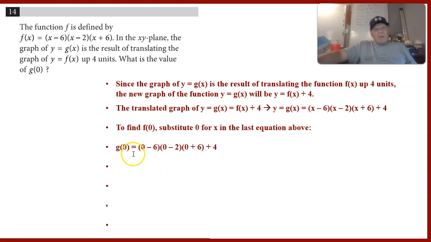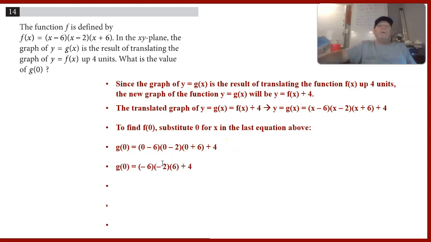I substitute a 0 everywhere in this equation. So g of 0 equals 0 minus 6, 0 minus 2, 0 plus 6, plus 4. I just put a 0 here, here, and here.